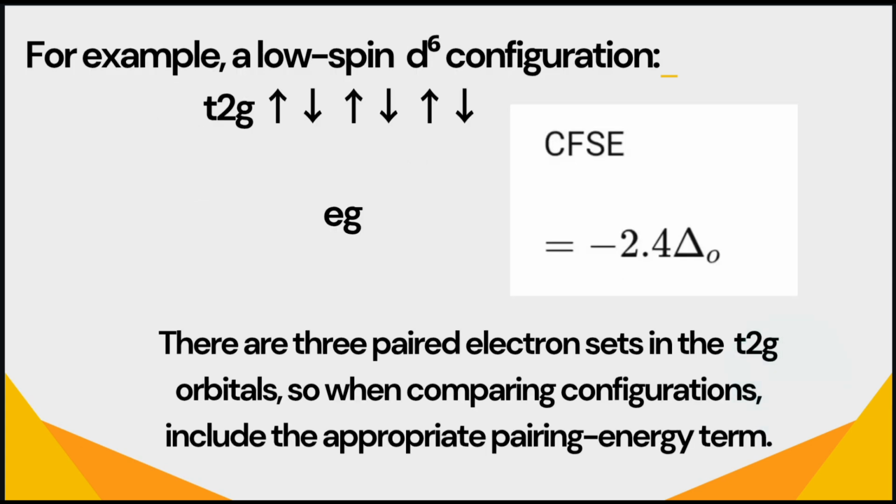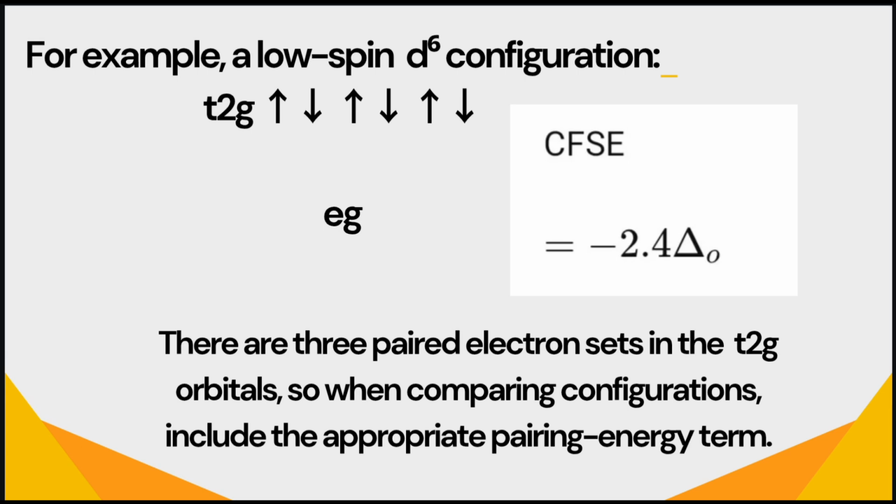Now we'll see an example: a low spin d6 configuration. Low spin d6 configuration means there are two sets of orbitals, eg and t2g. First we fill the lower energy orbitals, so the 6 electrons are filled in the t2g orbitals. The electrons get paired, so you get 3 pairs of electrons here.